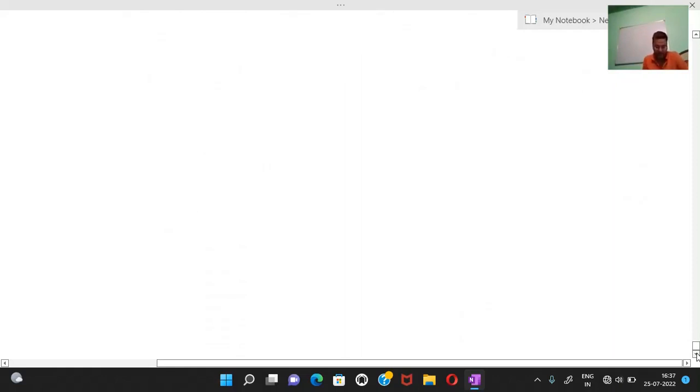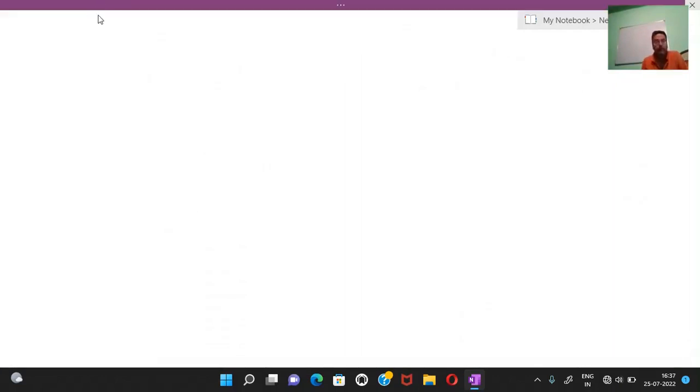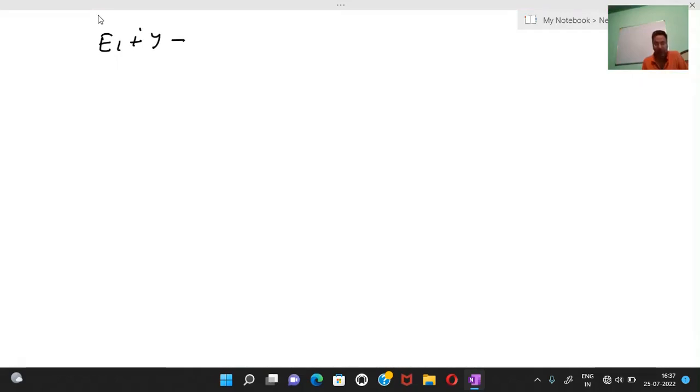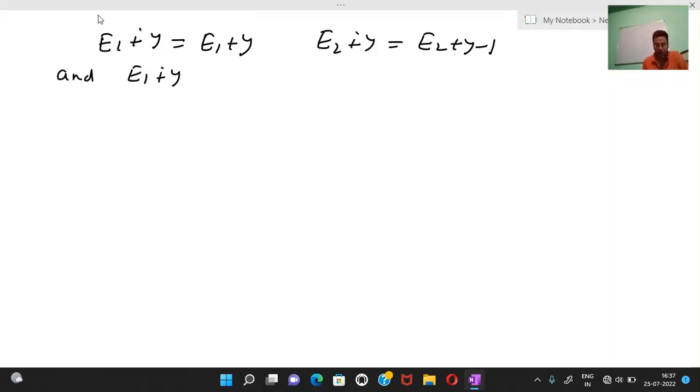We can see E1 plus dot y equal to E1 plus y, and E2 plus dot y equal to E2 plus y minus 1, which I have proved. And so E1 plus dot y and E2 plus dot y are disjoint measurable sets.